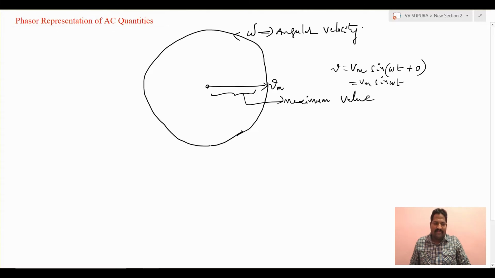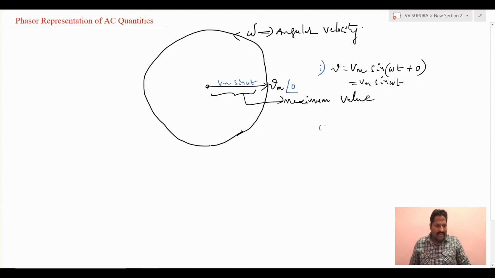That means in phase with the horizontal line. So I can represent this Vm sine omega t as this one. This waveform is nothing but Vm sine omega t. So I can write Vm at an angle 0. So that is the first one.